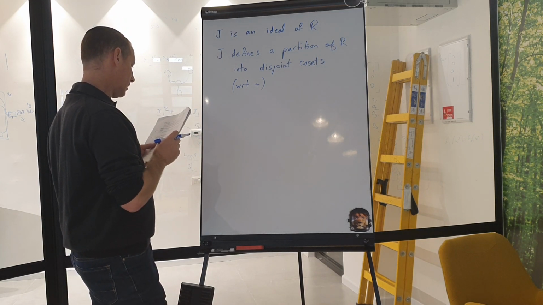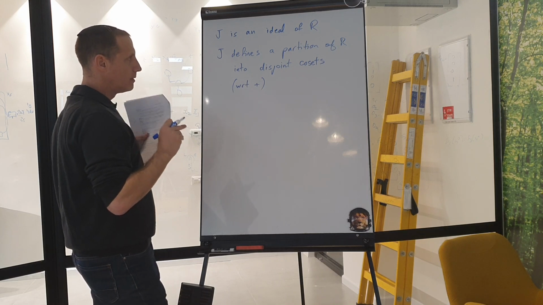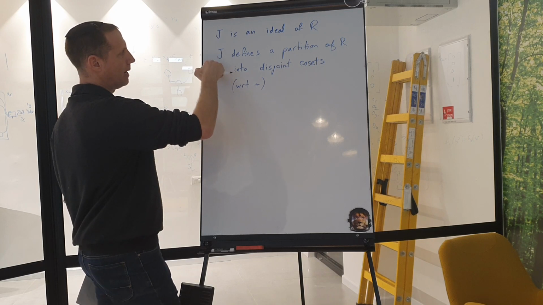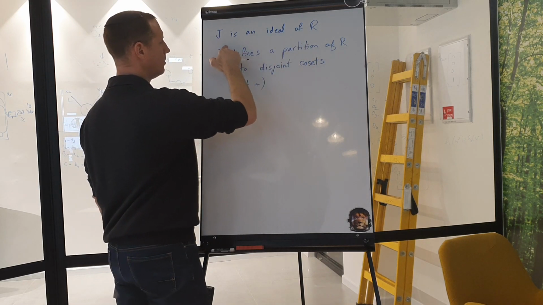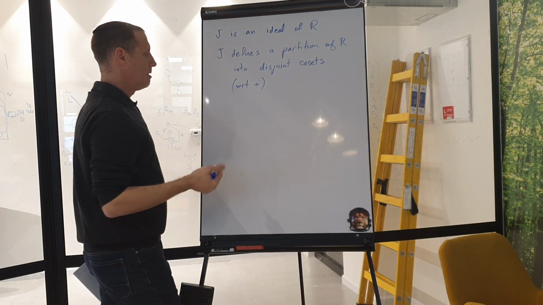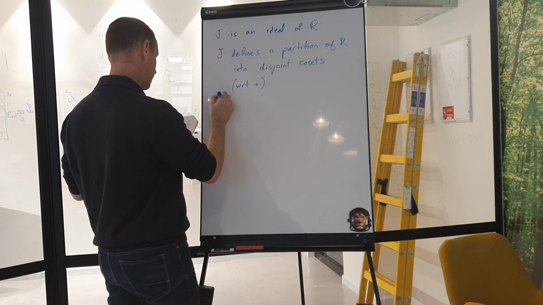Now, the nice thing is that if we define a partition of R using J and addition, then what we get is the following.